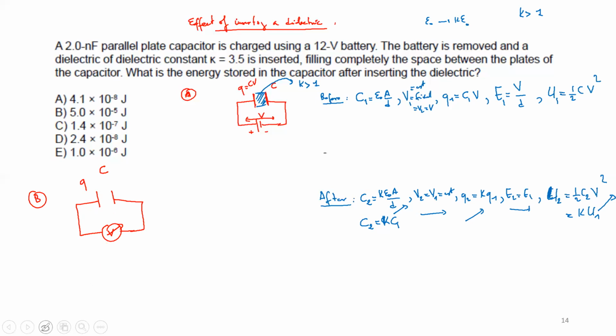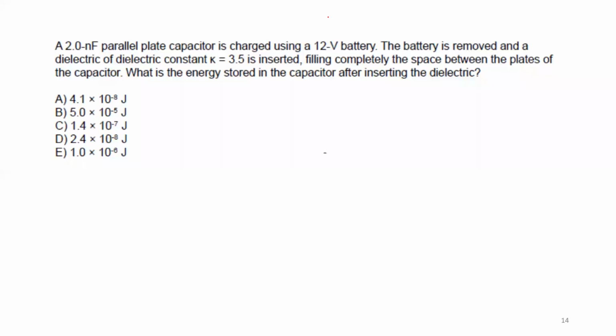Now, what do I do? So this is my initial state, basically. Initially, before, I just have a capacitor. Let me erase this. So I'm in case B, where I have a fully charged capacitor.